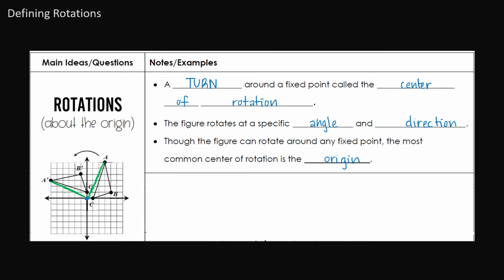Now, if I had a protractor, I could prove this, but just know that the direction and angle of rotation is going to be 90 degrees for this figure. So you can draw segments from the center of rotation to each point, and you can tell what the angle of rotation is based on the angle between those segments, if that makes sense.